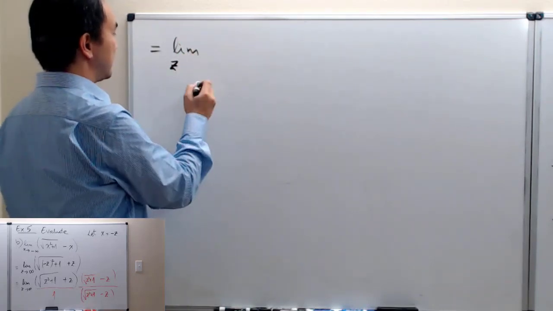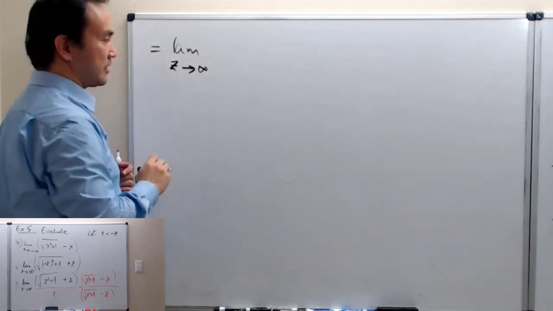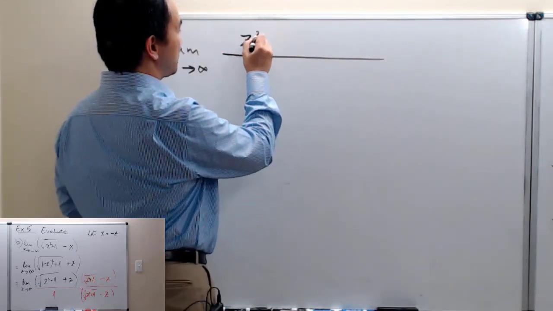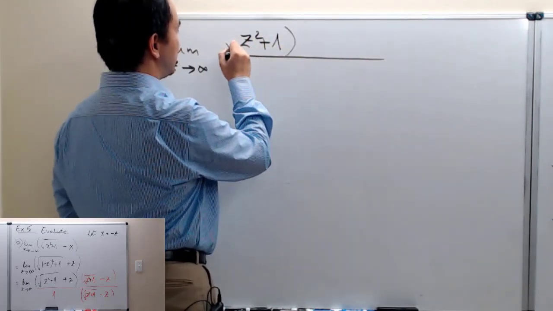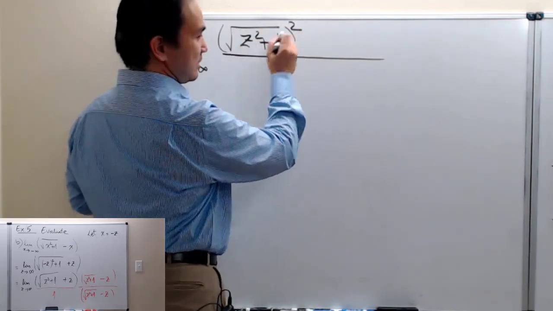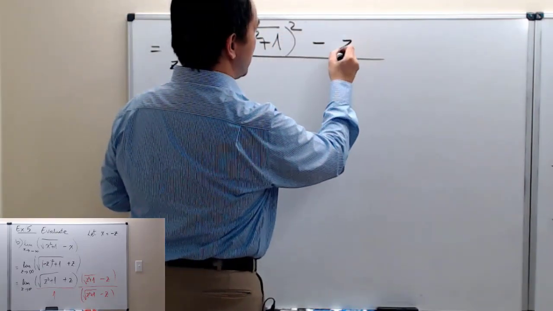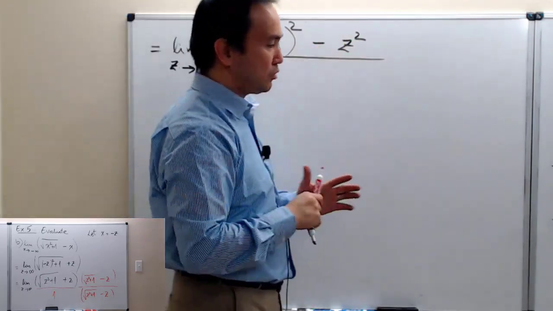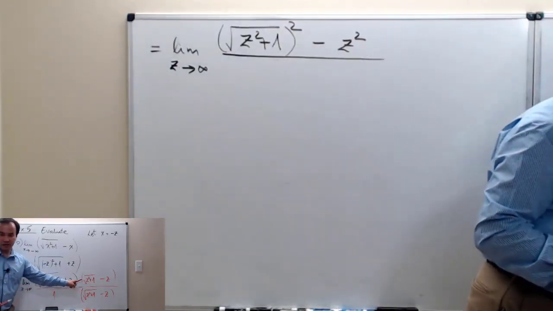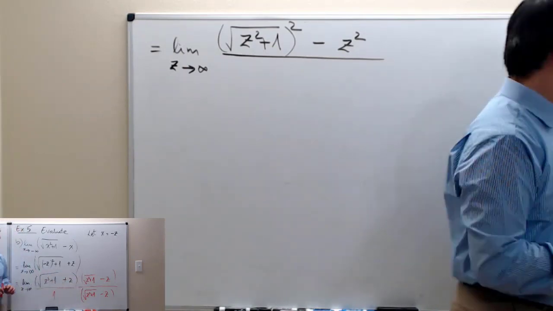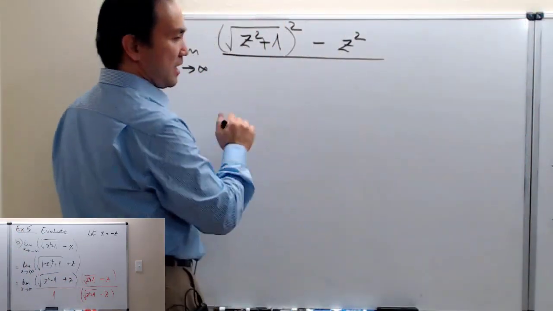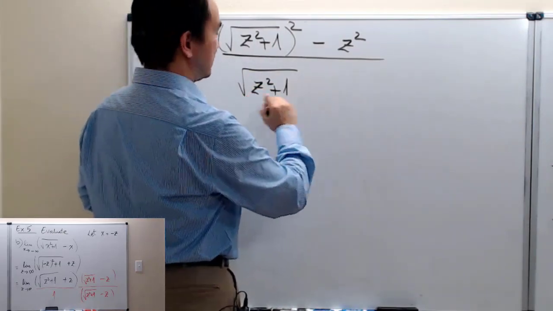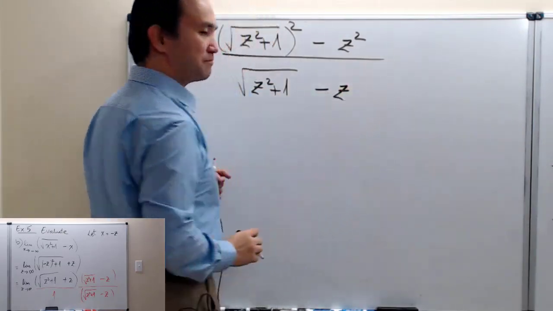Here we're looking at z approaching positive infinity, and our expression now becomes z squared plus 1 in square root, squared, minus z squared. It's a difference of two squares from multiplying two conjugate expressions, and the denominator becomes the square root of z squared plus 1 minus z.